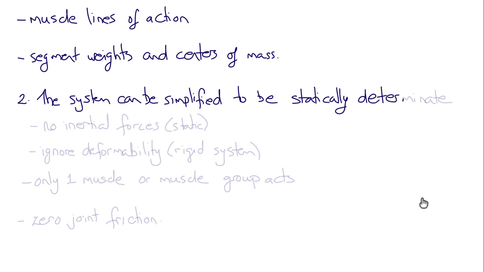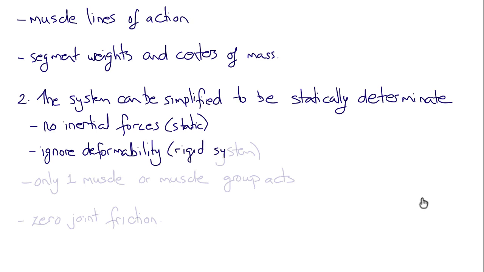The second group of assumptions are that the system can be simplified to be statically determinate, which means that, first of all, there are no inertial forces so that the system is static. Second, that we ignore deformability of the joint tissues and treat the system as rigid.